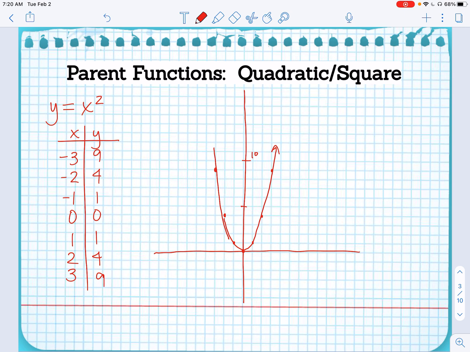And you get almost this elongated U shape. So just like last semester, once you have this nice symmetric U shape with a vertex and an axis of symmetry, you know that that's a quadratic. Sometimes quadratic functions are called square functions because x is being squared.